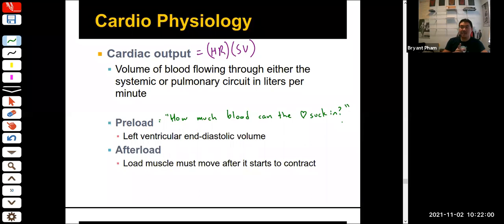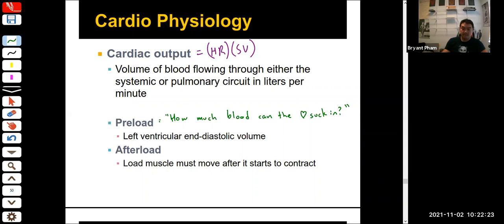So let me rephrase this here. Michael Phelps, you guys probably heard of the dude. Michael Phelps has a huge preload. His heart sucks in a lot of blood. That means his heart can pump out a lot of blood. What does that do for athletic performance? Jacks it up.